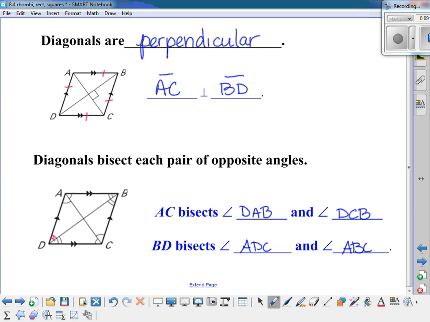ADB and BDC are congruent, as well as being congruent to DBA and DBC. And then on the other angles, angle DAC is congruent to angle CAB and congruent to angle ACB and angle ACD. And again, because it's a rhombus, we know that they make a right angle in the middle.